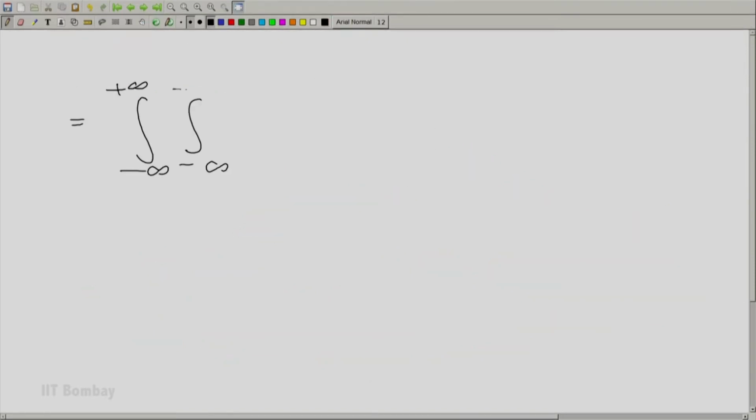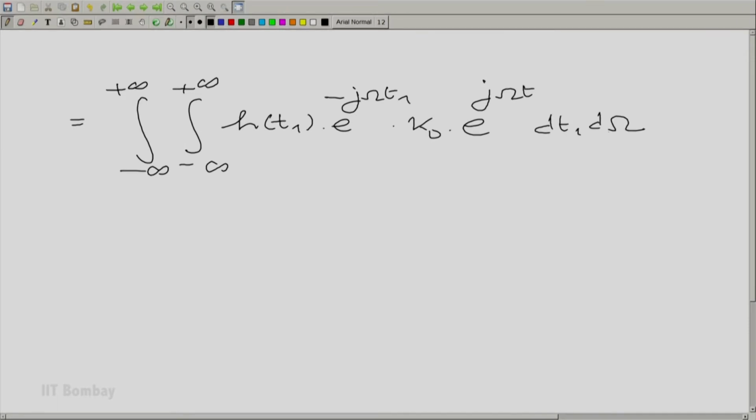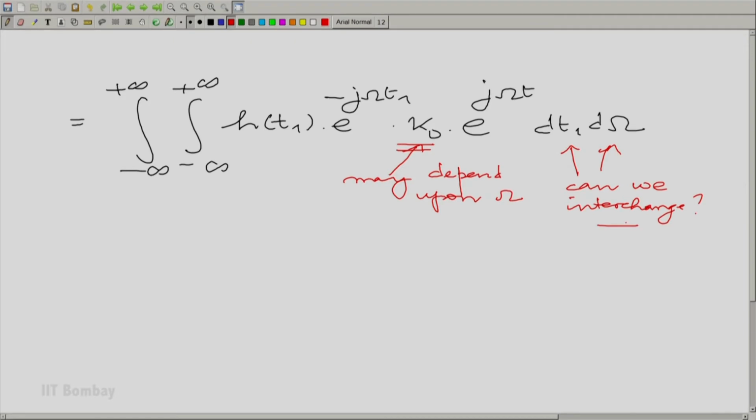Let us quickly put them all together, and we realize that kappa 0 might possibly depend on omega. We do not know, may just depend. Let us see if we can interchange the order.